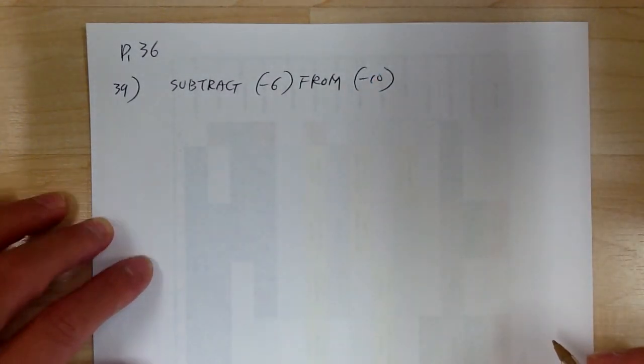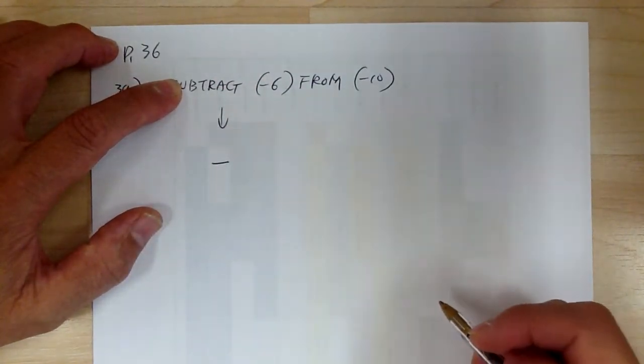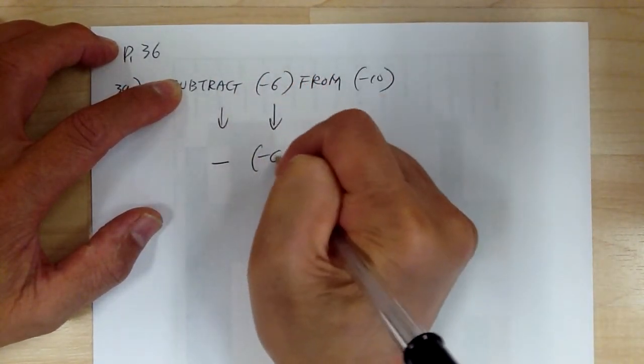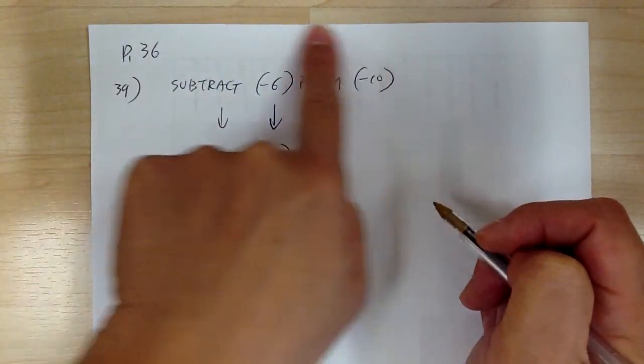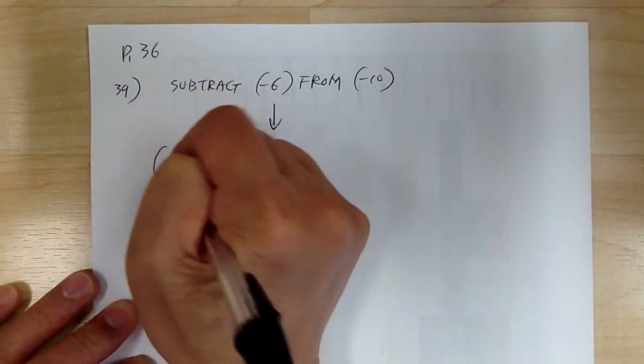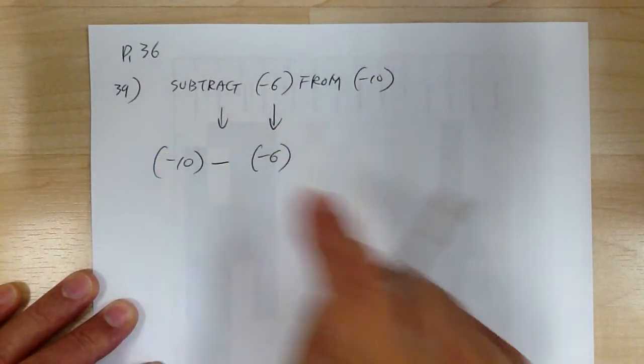So you need to know how to translate these, right? So subtract means minus, right? And -6 means -6. But you want to subtract this from that. So that means this has to go to the front. So subtract it from, make sure you understand that this goes to the front.